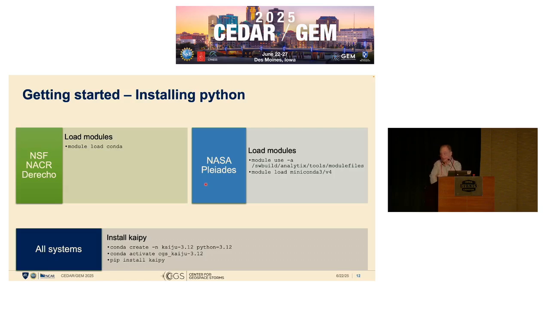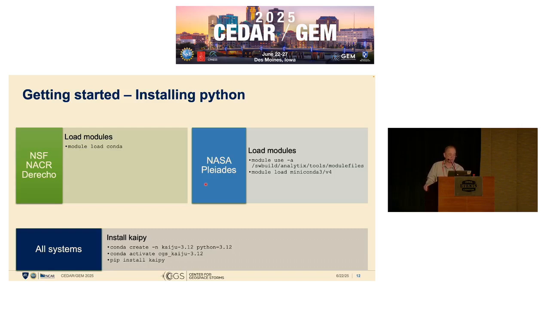Once you've created that Python environment, you want to be active in that Python environment by doing the conda activate command. And then we've worked pretty hard to make the next step work, and that is doing just a simple pip install of KaiPy.